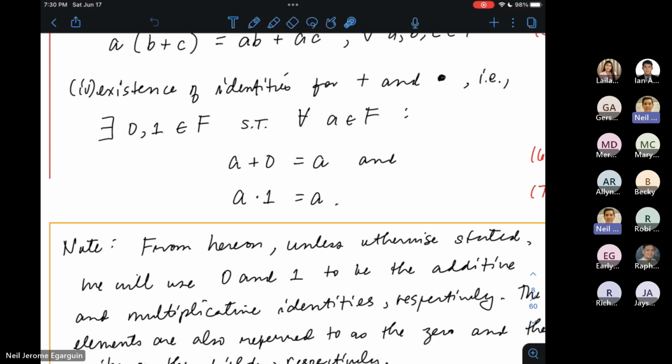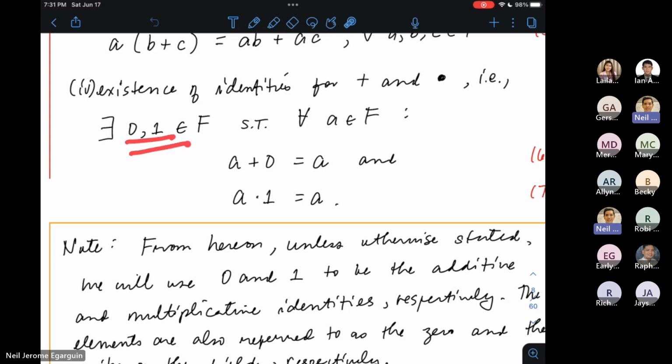So sila yung nagpe-preserve ng identity nung mga elements ng set, right? So, and since we already know 0 and 1 to be the usual additive and multiplicative identities, usually sila na rin yung ginagamit na symbols para kay F, all right? So just put at the back of your minds that the 0 and 1 here are not necessarily the numbers 0 and 1.